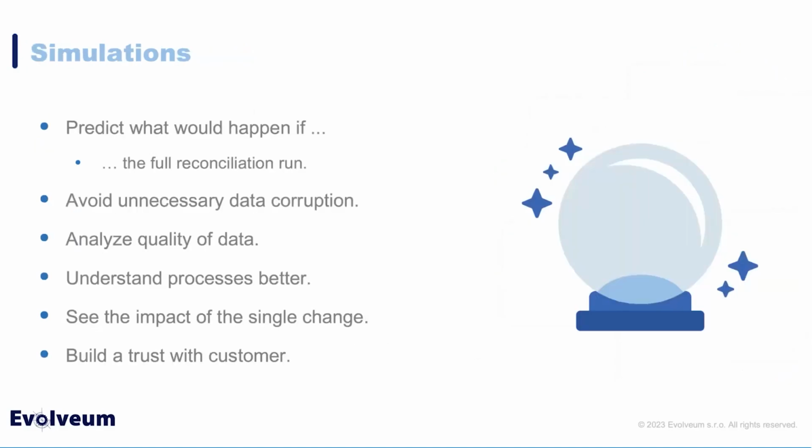Let's start with simulations and why they might be interesting for you. The main purpose of the simulation is to predict what would happen if. In other words, they can provide different safe what-if analyses. Why safe? Because if you run a simulation, no changes are executed. They are stored separately from production data.